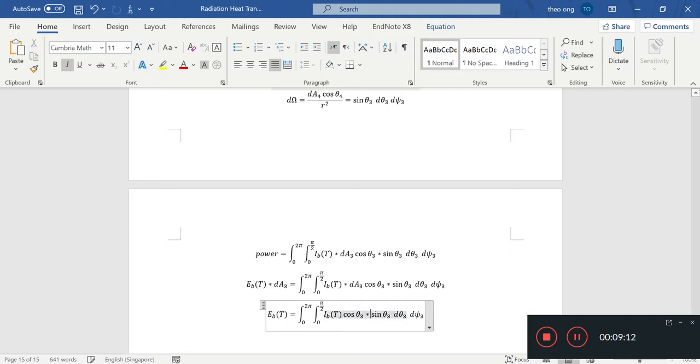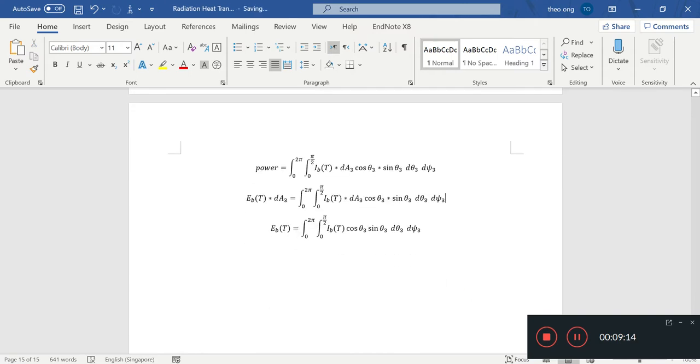I'm going to remove all the times and multiplication symbols inside just to make the expression more neat.